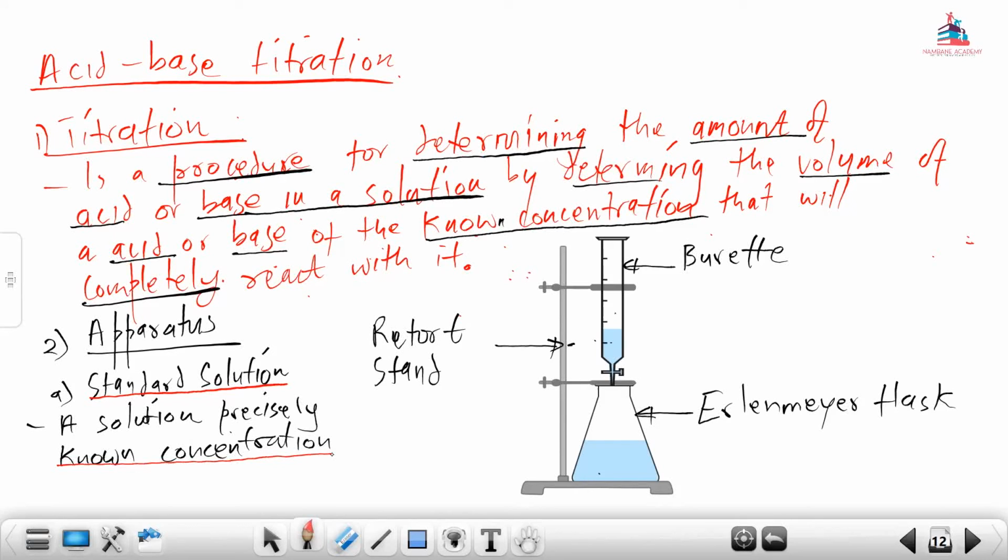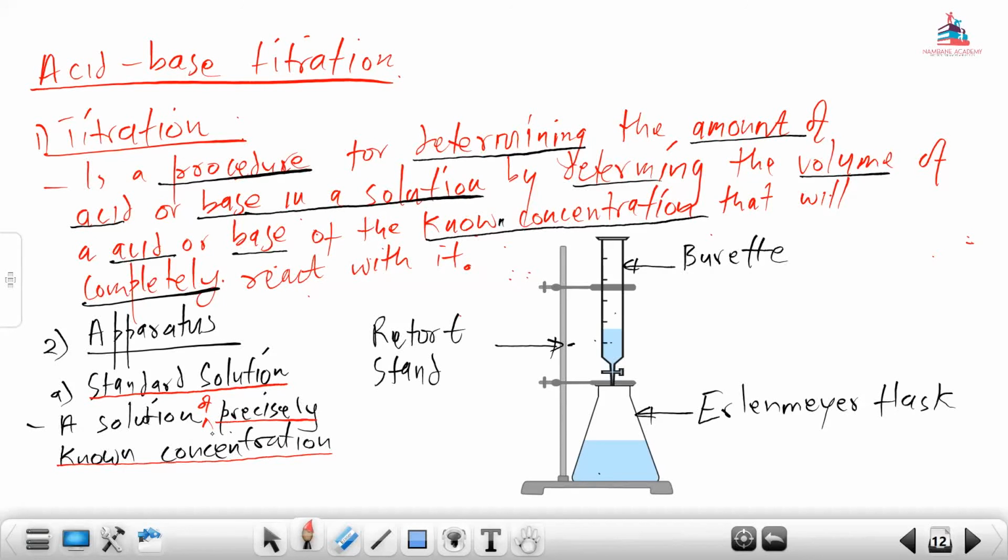So next time when somebody asks you what is a standard solution, it is a solution with a precisely known concentration. So we know everything about it. We know the volume. We also know the concentration.